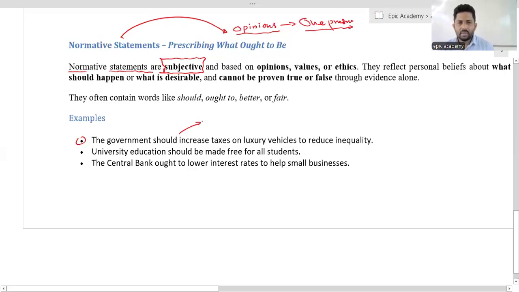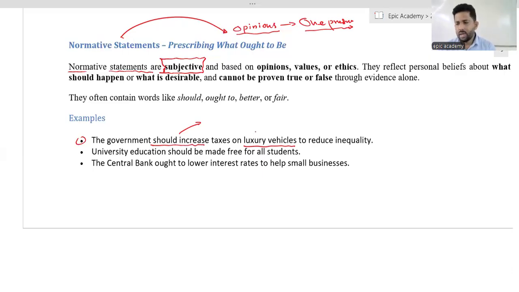That means practically they do not increase taxes, but this person thinks it should increase taxes on luxury vehicles to reduce inequality. Yes. If they can increase the taxes on luxury vehicles, then what happens to the demand and the prices of luxury vehicles?